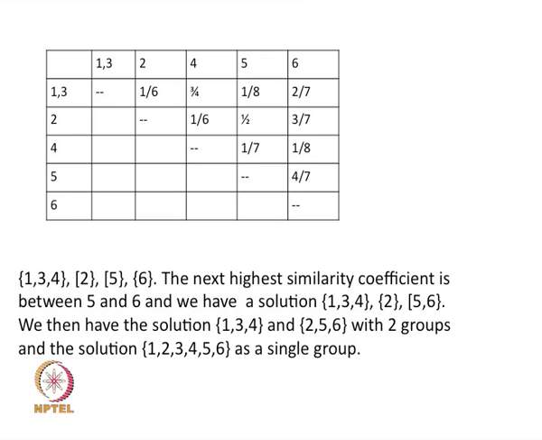Now, once we identify two groups and a solution from here, which is 1, 3, 4 and 2, 5, 6, we have to now get the part families. Now, one of the ways of getting the part families is to do the same similarity coefficient now for the parts instead of the machines. Here we have done similarity coefficient for the machines, we can do similarity coefficients for the parts.